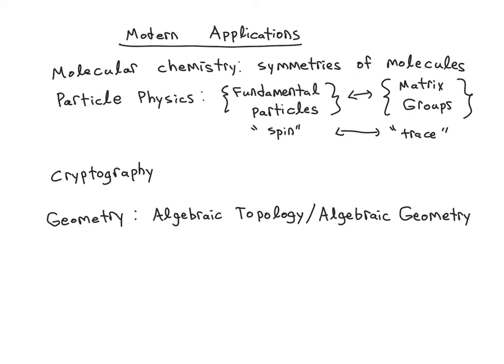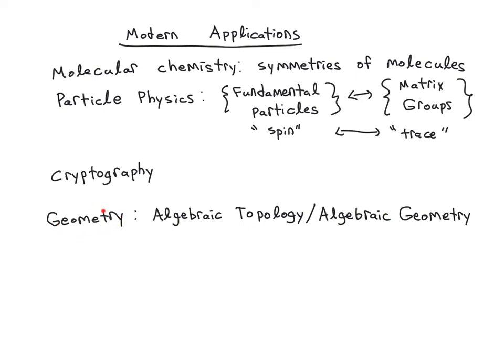Two other areas of application are cryptography, the area of math that involves encoding secret messages or your bank account information on your debit card, and so there's a lot of group theory there. And there's also an area of math called geometry, particularly algebraic topology and algebraic geometry.